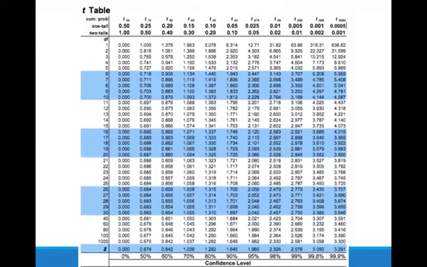And then the second one is the t distribution. Here are the possible values for the critical values when we perform t-tests. The value also depends on the type of test, whether one-tailed or two-tailed, the level of significance, and the degrees of freedom.